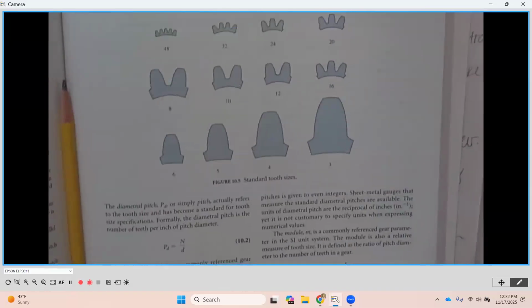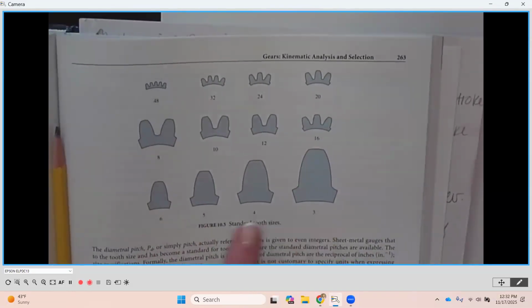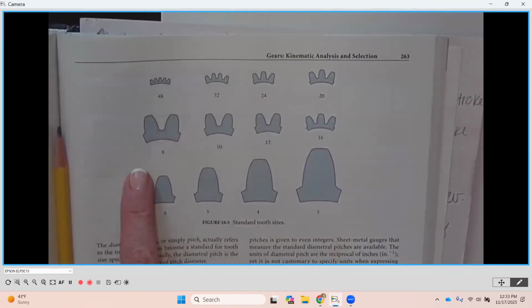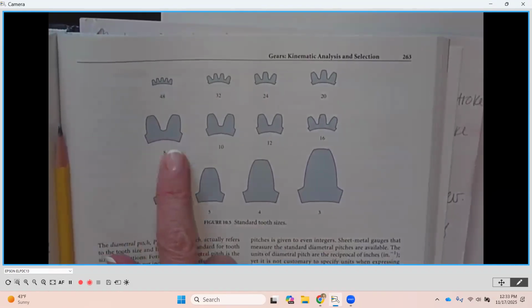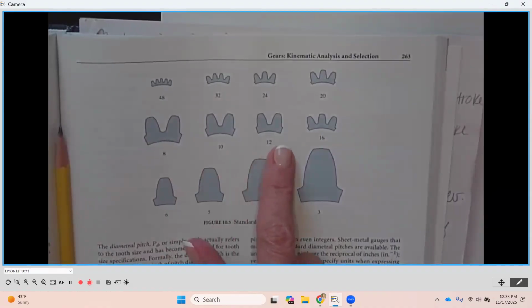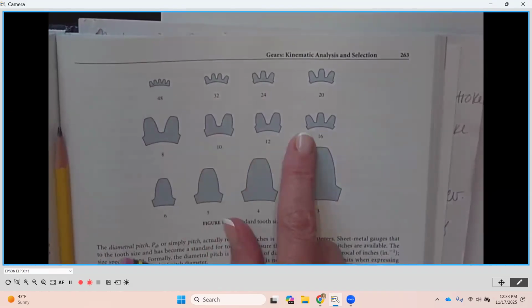Diametral pitch sounds very similar, but this refers to the size of the tooth, and it's given in a number. Notice that not all numbers are going to be a diametral pitch. For instance, they go 3, 4, 5, 6, skip 7, then go to 8, skip 9, go to 10, skip 11, go to 12, then they skip a bunch and go to 16. So these are standard sizes, okay?